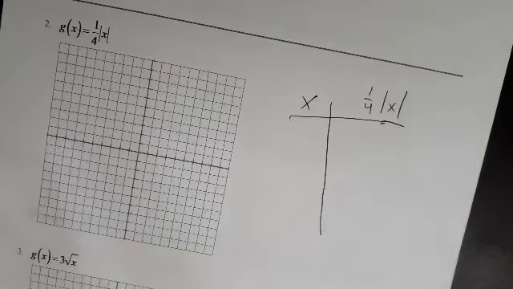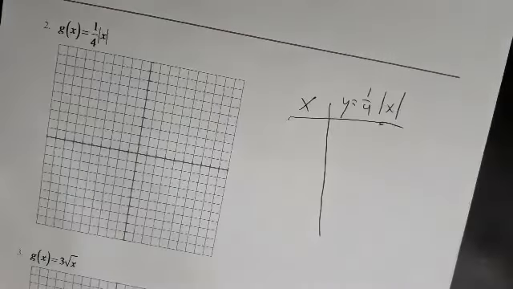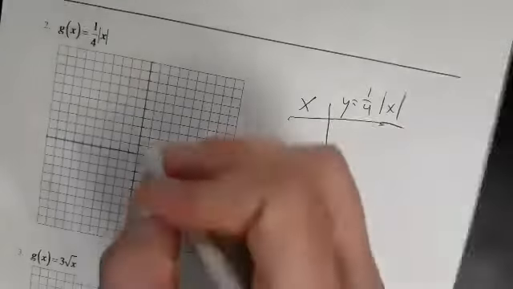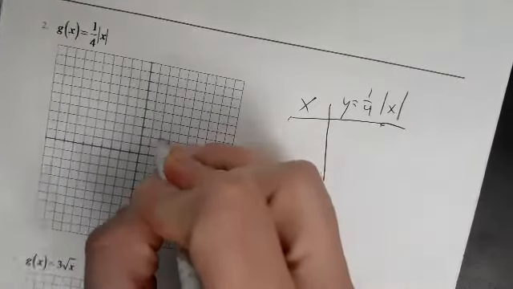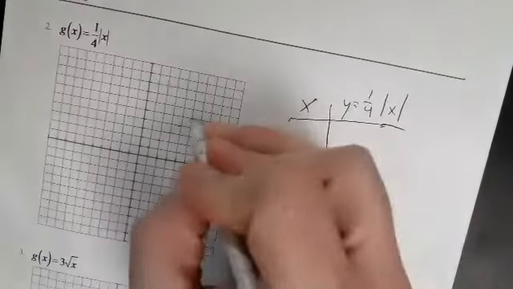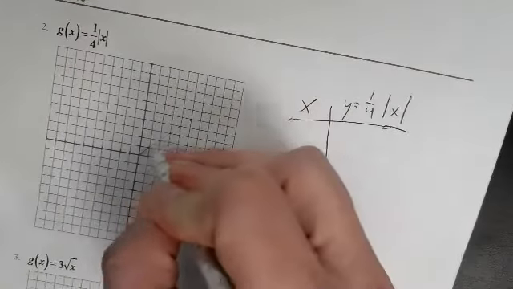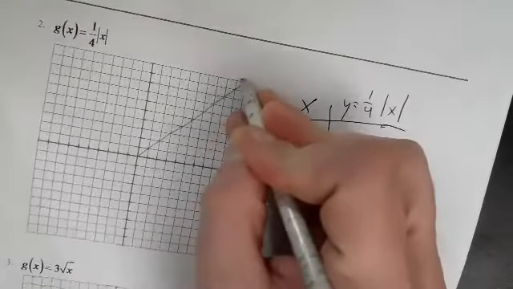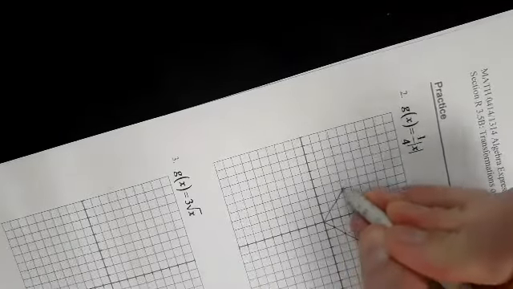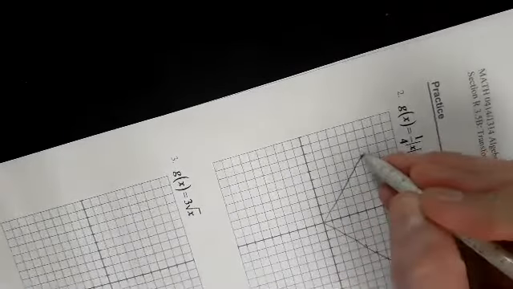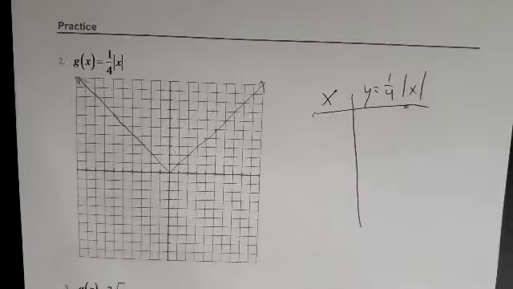This is my y. If I want to draw the original y equals absolute value of x graph, it should look something like that.